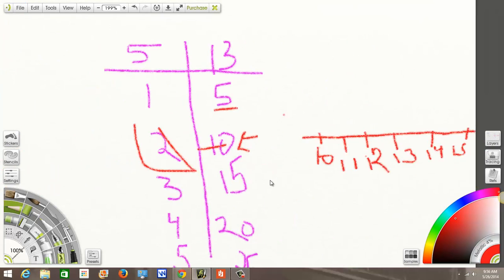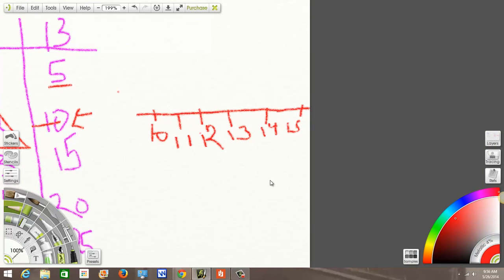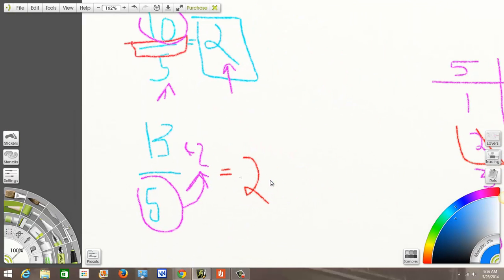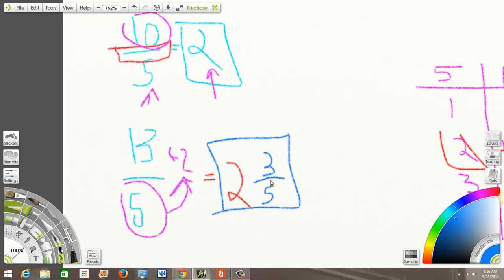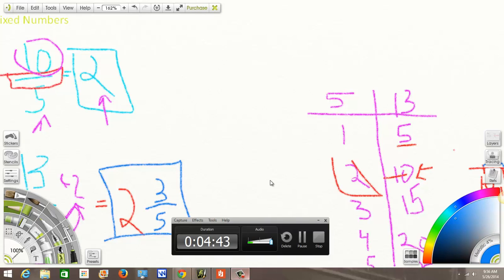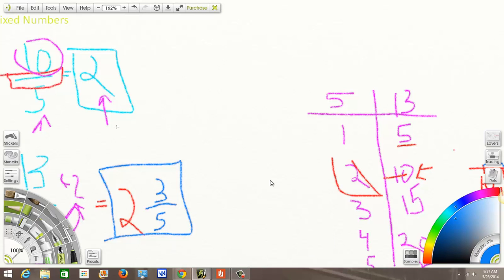So let's take a look. 10 is how many paces away from 13? 1, 2, 3. So we go here and write 3 over 5, and we keep the 5. So 13 divided by 5, you can write that as a mixed number: 2 and 3/5. You call it 3/5. You can also call it 3 over 5. So yeah, let me do another example. I hope I don't confuse you.